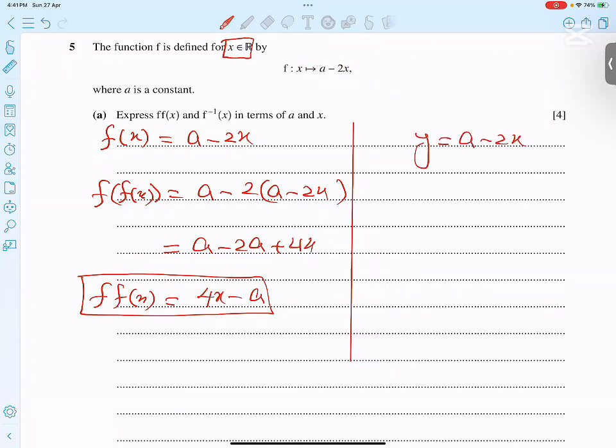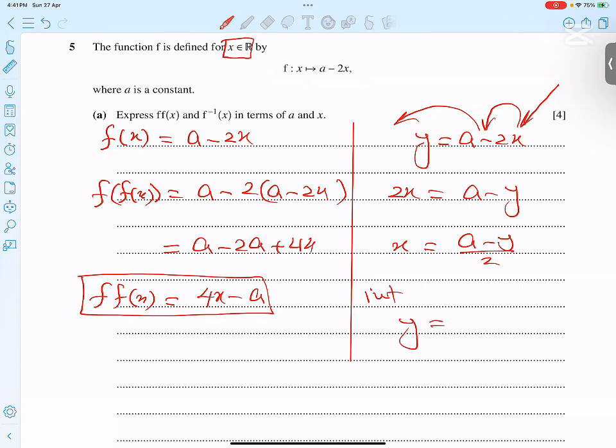And then what to do after? Try to make x the subject. But make sure if the x sign is a negative sign, bring this whole thing to the left side to make it positive. This is one way. Although we have another way as well, not wrong. Bringing a to this side is also right, not wrong. But I'll show you both. And then this 2 will divide. I got this one. Now interchanging. x becomes y and y becomes x. And this becomes f inverse of x.